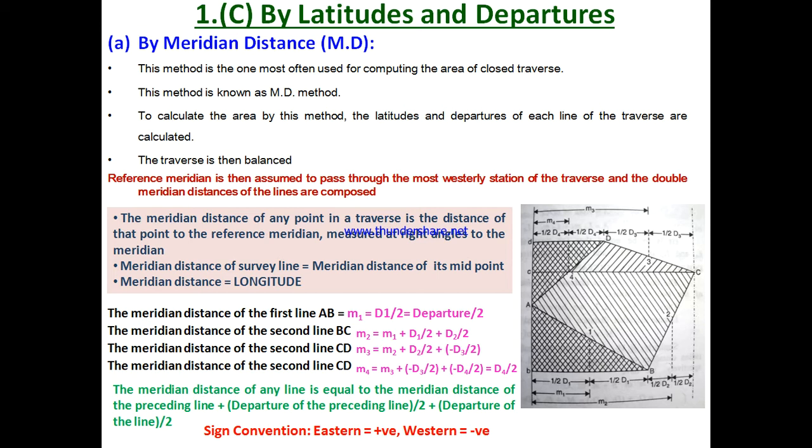Because we have already seen that in the case of latitude, if the value is representing the southing direction, it will be considered negative, while if it is in a positive direction, we take the latitude value as positive.